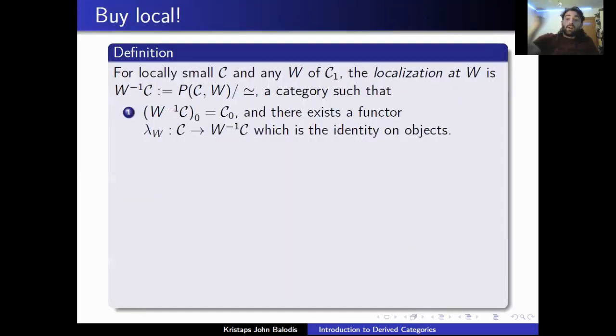So taking the equivalence relation of the previous slide, now for a locally small category C and any collection of morphisms W of our category, the localization of C at W is defined to be this P_C,W modulo the equivalence relation from the previous slides.